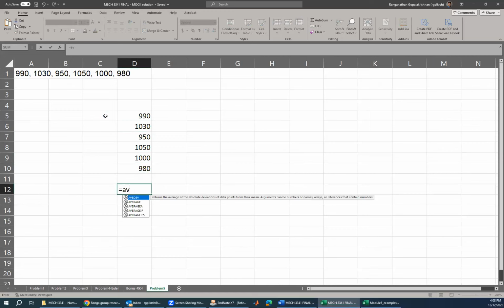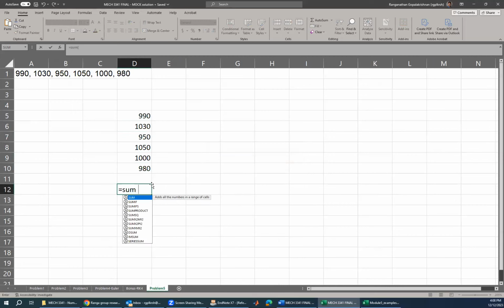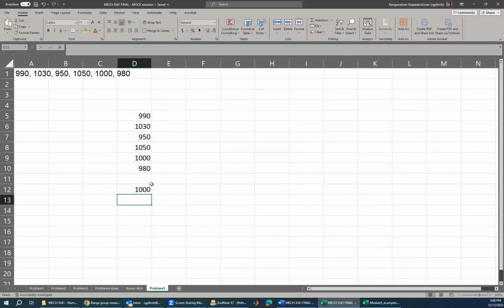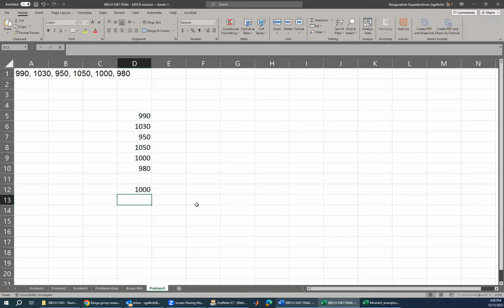So if you want the average, I'm not saying you should use Excel only. You can do this using Excel, or you can just sum and divide it by 6, which actually comes out to be 1,000. So this is 1,000. And then calculate the standard deviation.